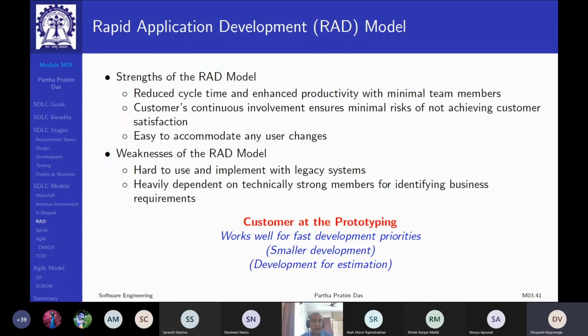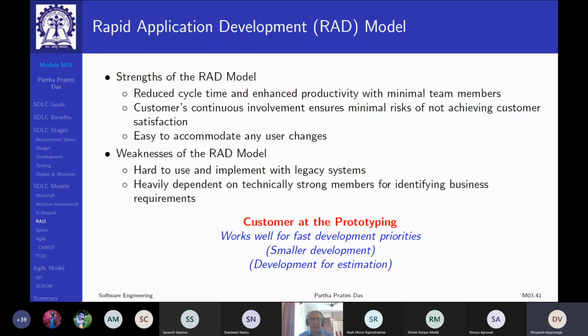I may have a system which works perfectly on 32-bit processors, and I want to migrate that to a 64-bit processor. As processor capabilities change, these kinds of migration requirements come up. So these are called legacy systems.